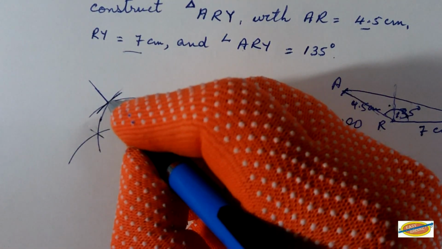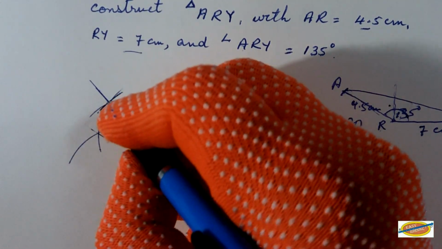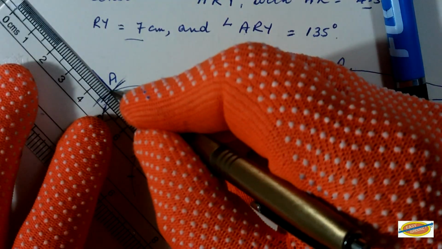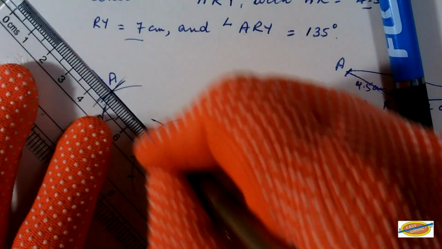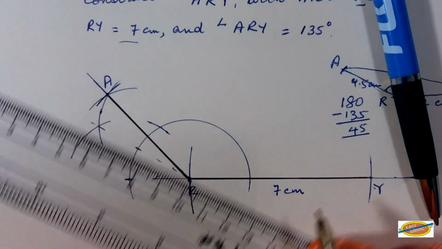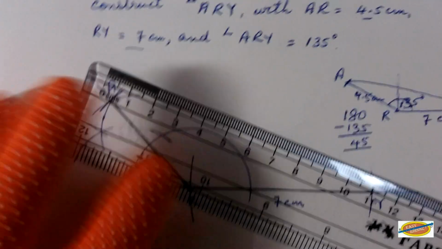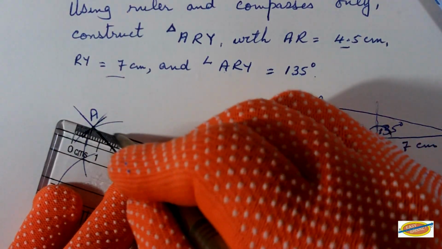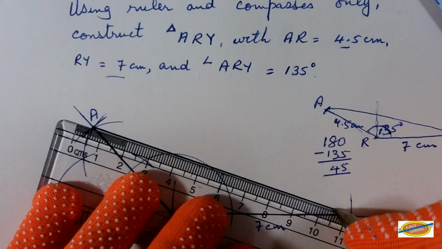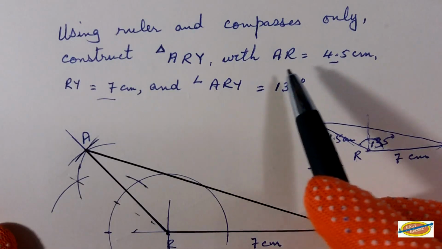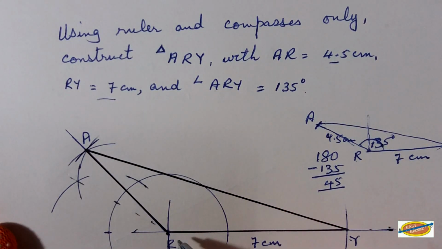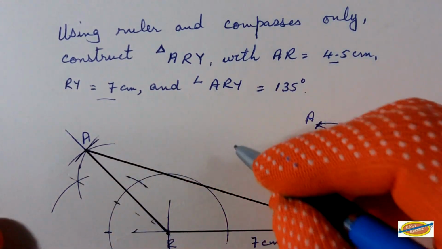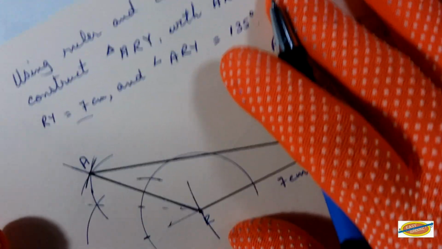And it is exactly that point here, which will be A. We can bold this up to A. And then from A to Y. AR is 4.5 centimeters.